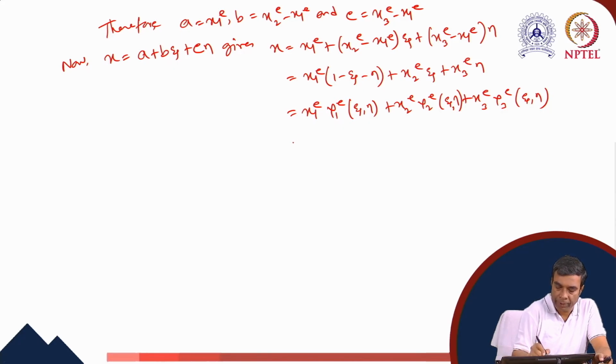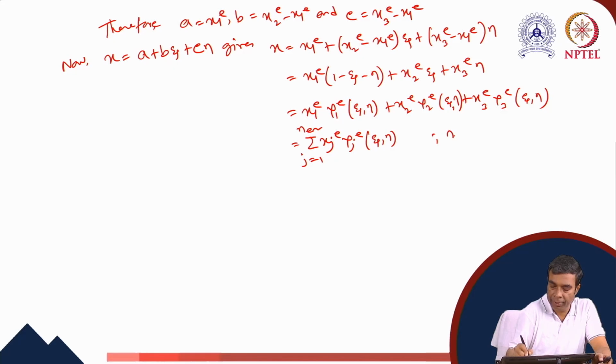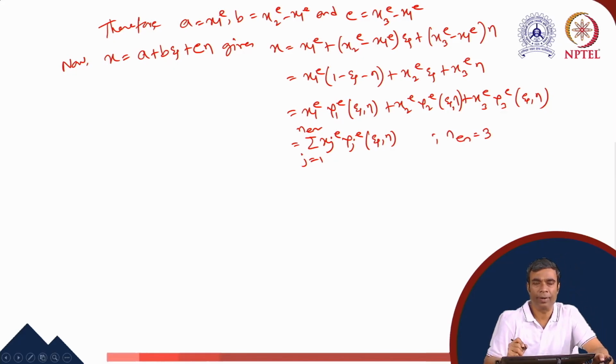So this equals the summation of xje psi j as a function of xi and eta, where j equals 1 to nen equals 3 for a linear triangular element.